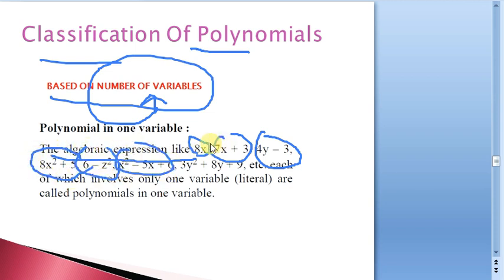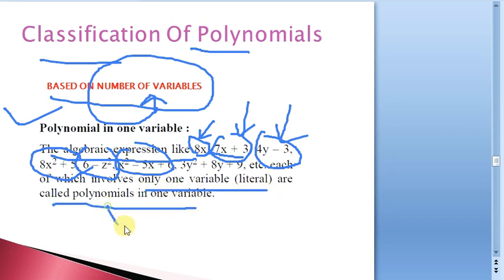First of all, all these expressions are polynomials, because all the powers of the variables are whole numbers. And only one variable is there in each of these polynomials. So polynomials which involve only one variable are polynomials in one variable.